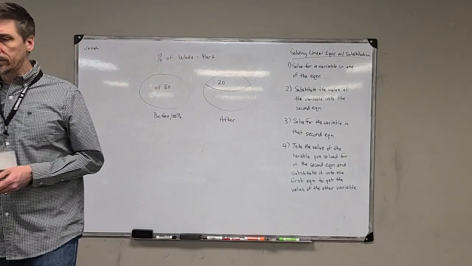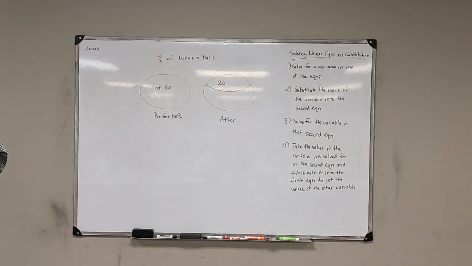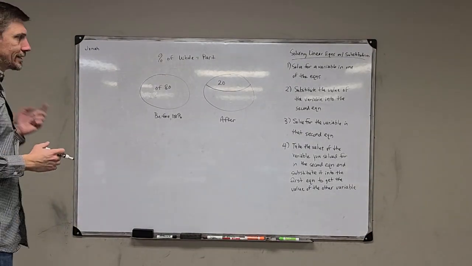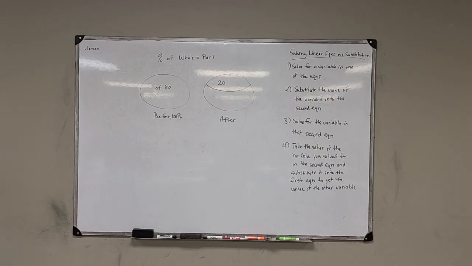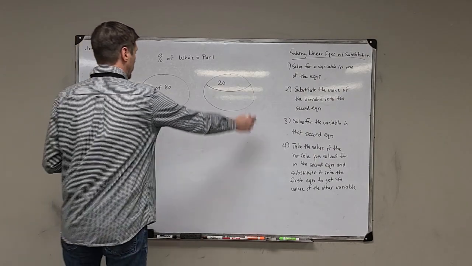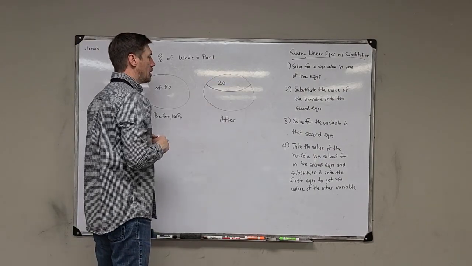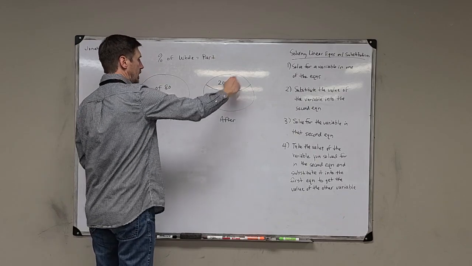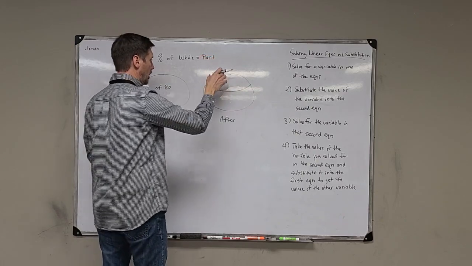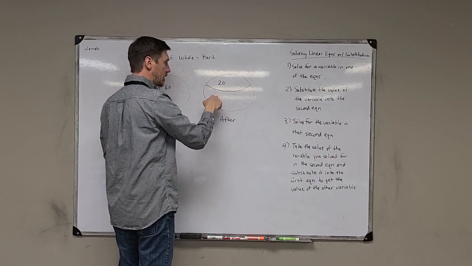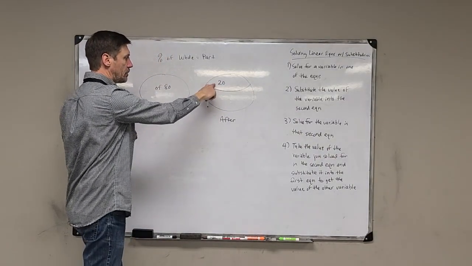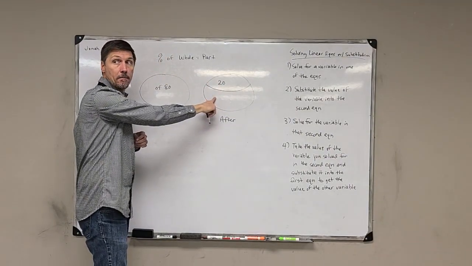Now the way that we draw these is, since this 20 is less than the original 80, then we always draw it like this, where we have our little oval, and we designate a portion of that to be one part, and then we go ahead and write what the other part would be down here. If we've got 20 up here, what number will we have down here?